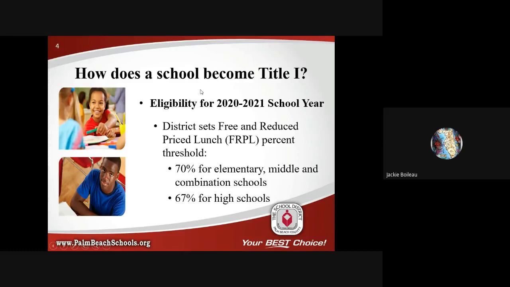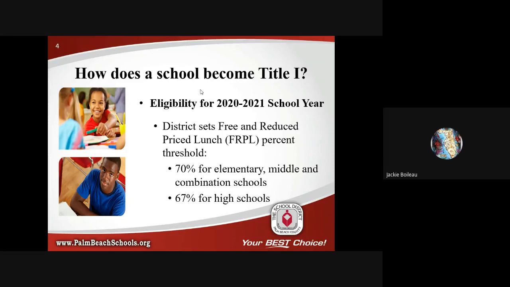So how does the school become a Title I school? Well, a couple things. First of all, the district sets a threshold of number of free and reduced lunch families.